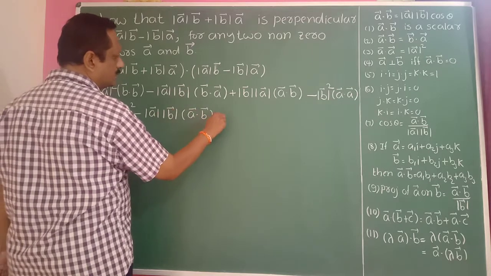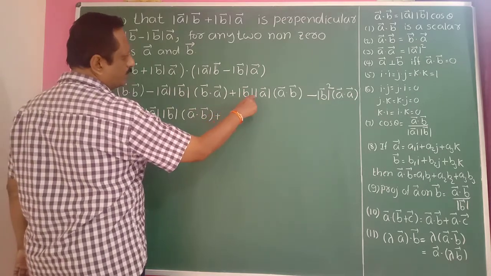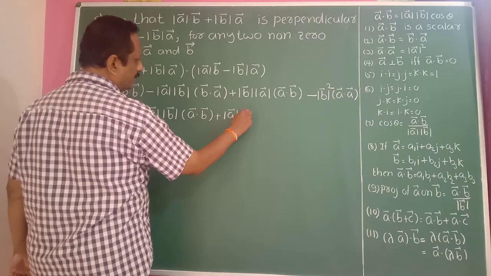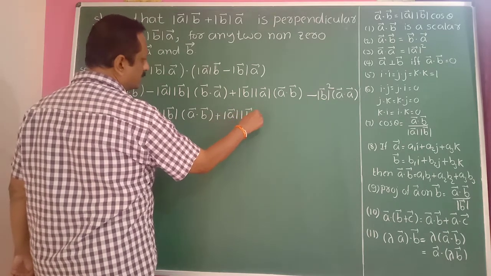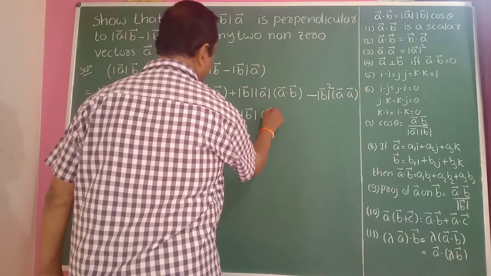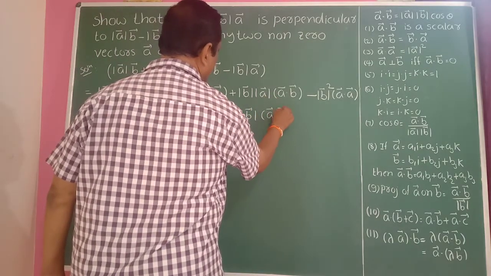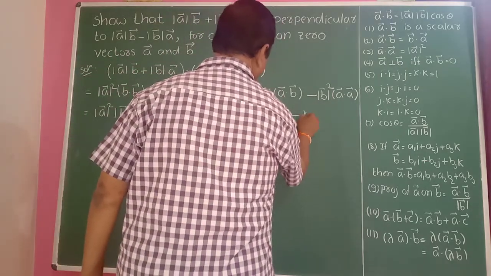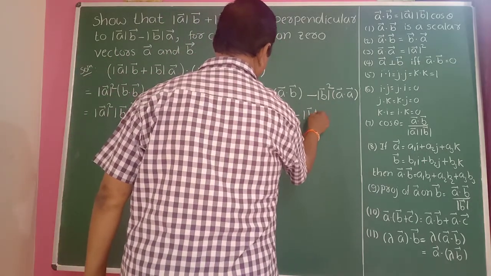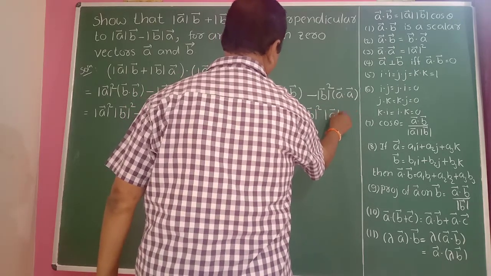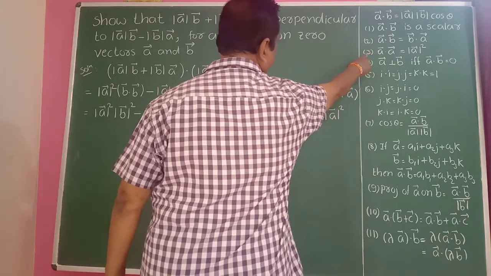Then plus modulus of b bar into modulus of a bar can be written in this form also: modulus of a bar into modulus of b bar into a bar dot b bar here. In bracket here a bar dot of the vector b bar, then minus of modulus of b bar square here, and a bar dot a bar is modulus of a bar square using this property, third one.